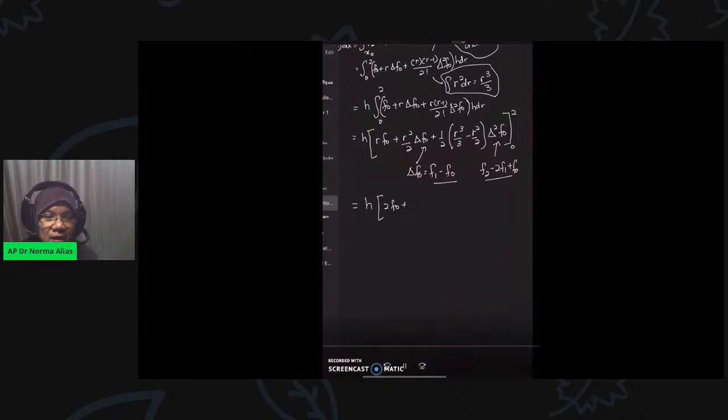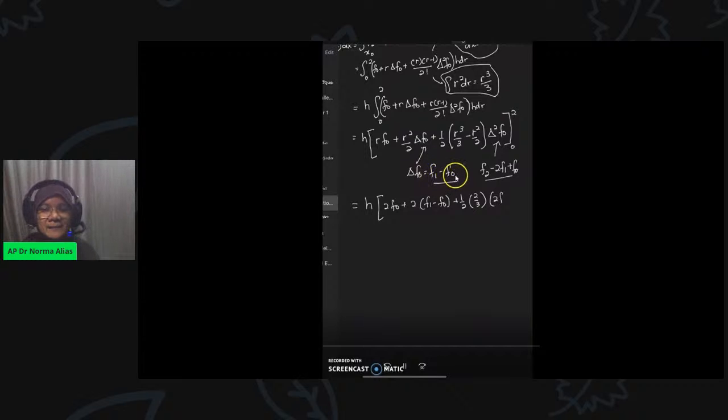Okay, so now we want to create Simpson's rule, don't forget. Make it more simple between 0 and 2. Every r you replace with 2, and every r you replace with 0. You get 2 f0 plus 2 power 2 divided by 2, which is equal to 2, delta f0, that is f1 minus f0, plus 1 over 2 times 2 power 3 divided by 3 minus 2 power 2 divided by 2.